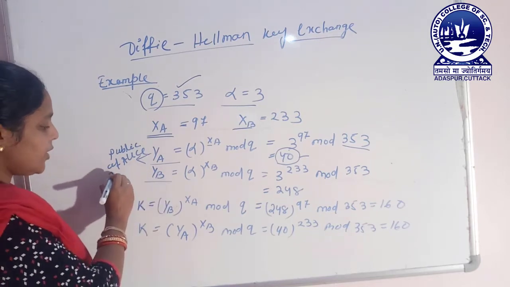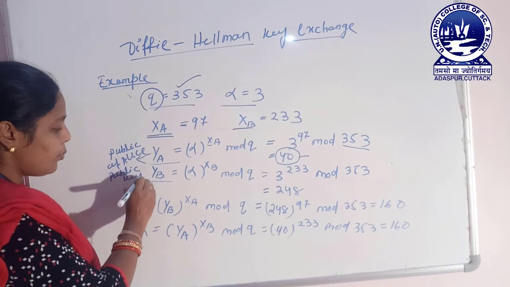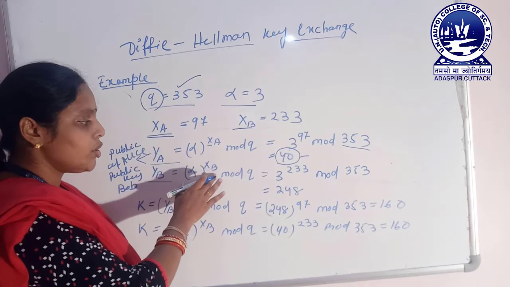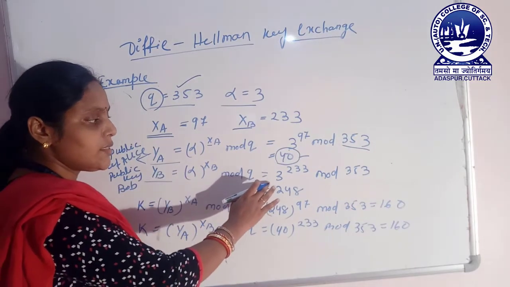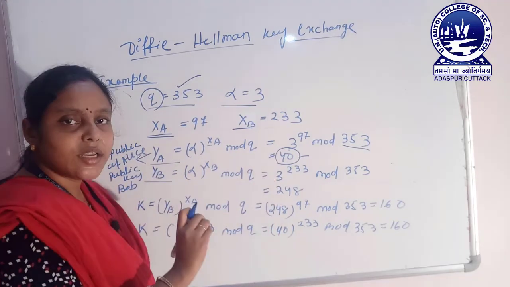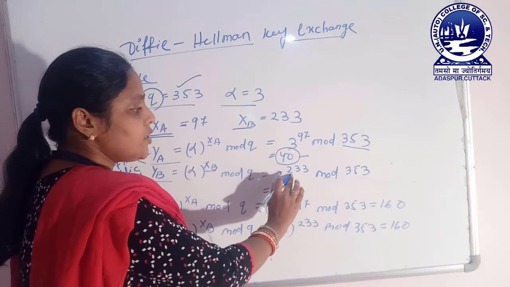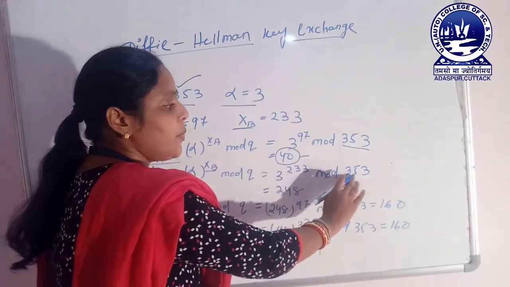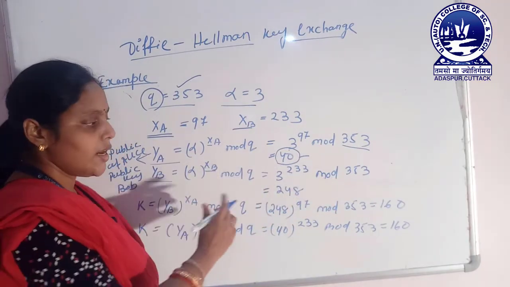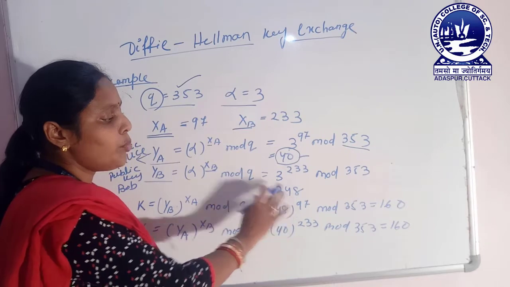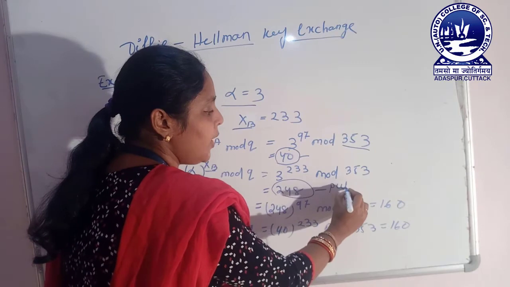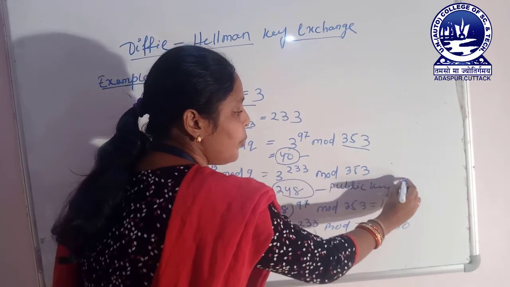YB is the public key of Bob, which is calculated by Bob. That is alpha to the power XB mod Q, that means 3 to the power 233, which means alpha value is 3 and the XB value is 233, then mod 353, the value of Q. If you calculate this value, you must get the result 248. Here this 248 is the public key of Bob.